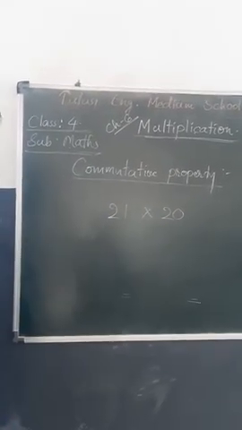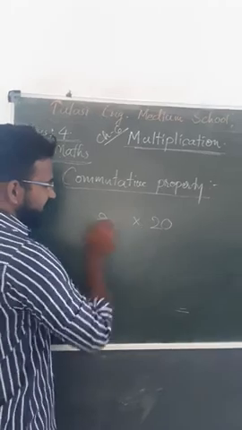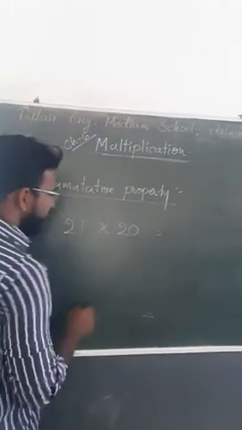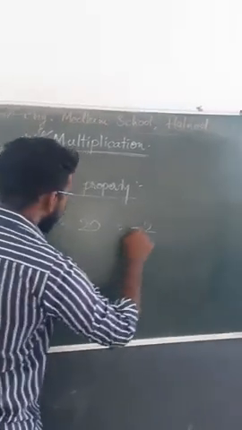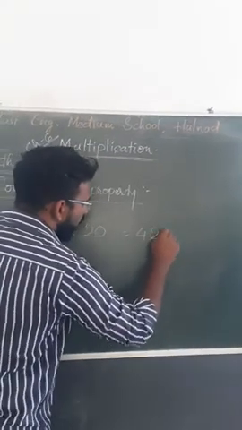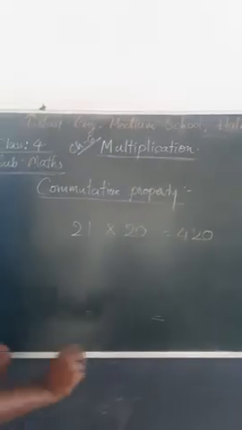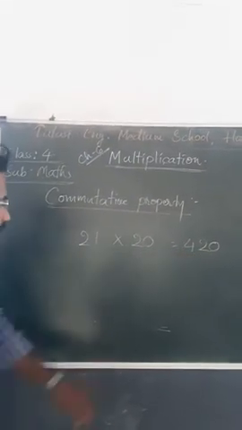Just for your reference, 21 into 20 is equal to 420.